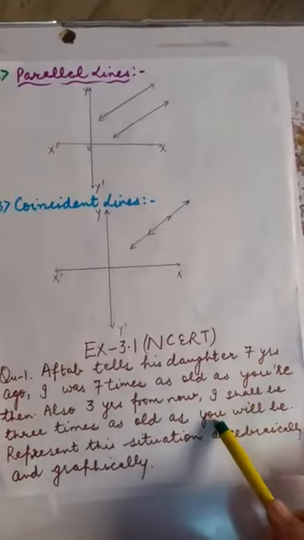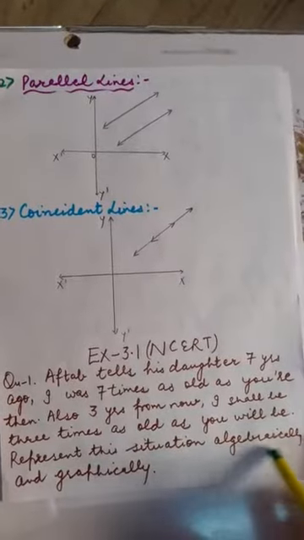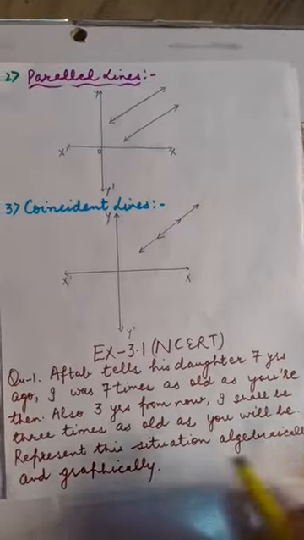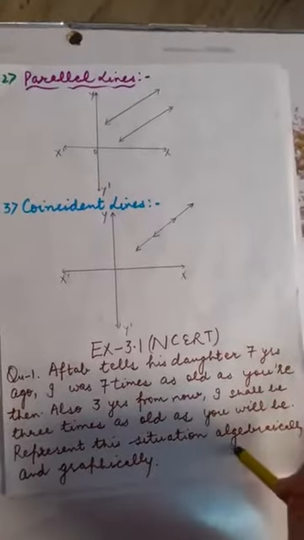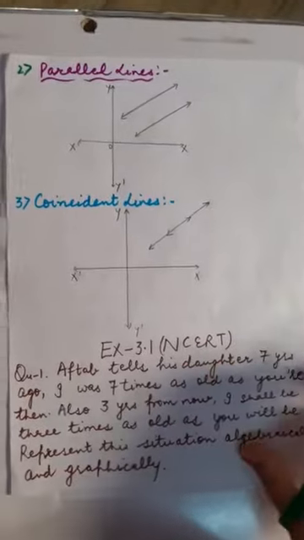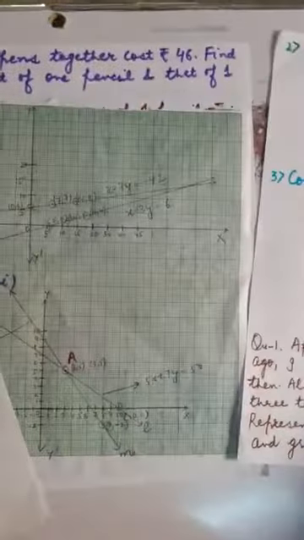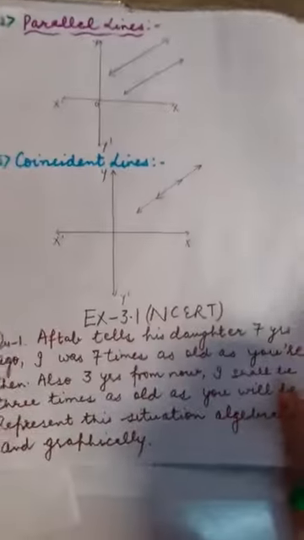Algebraically, you know that whenever there is the presence of variable and constant, that expression is known as algebraic expression. And the graphical representation means using plotting the points, you have to draw the graph of this situation now. So I am just going to keep it parallel so that you can understand it once.